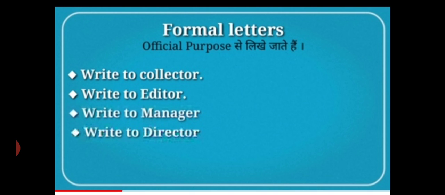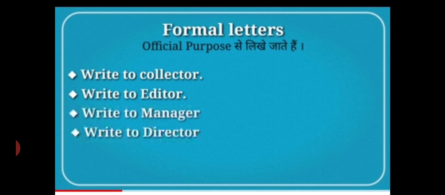But before trying to understand the format, we have to think about whom we can write a formal letter to. We can write to a collector, an editor, a manager of any bank. Suppose you have any problem with banking, write to the manager.